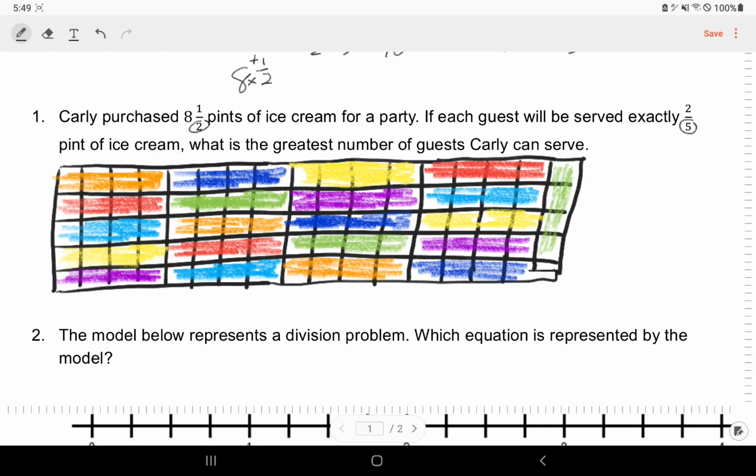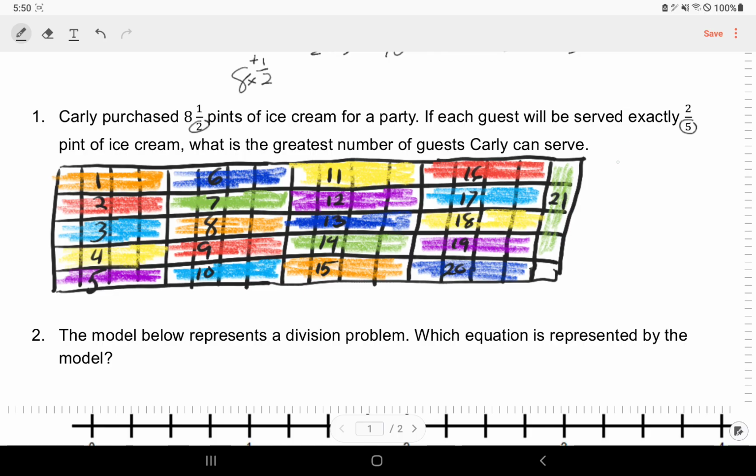And so what we have left is this one little square. And so I've got 1 group, 2 groups, 3, 4, 5, 6, 7, 8, 9, 10, 11, 12, 13, 14, 15, 16, 17, 18, 19, 20, 21 whole groups.